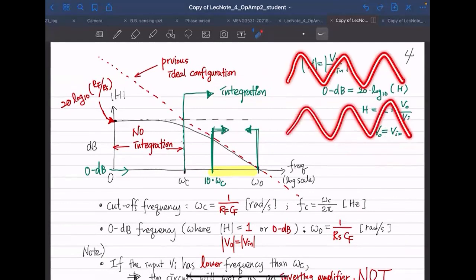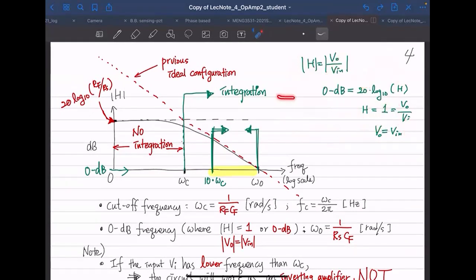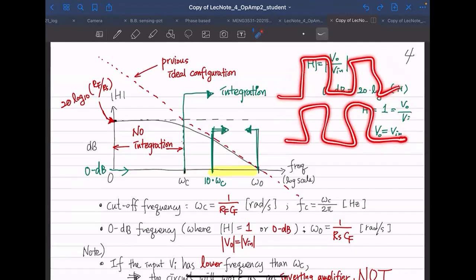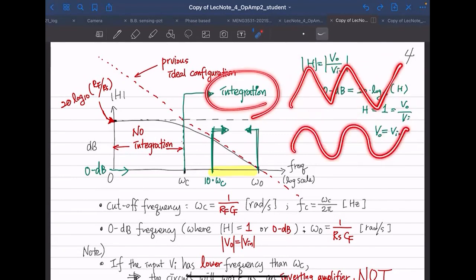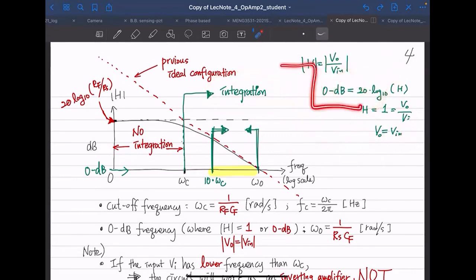It may be just amplified, or it may be flipped over, but triangular goes in, triangular comes out. If you had a square going in, square coming out, that's the amplifiers. But for these integrators, if you had a triangular going in, you want something else to come out. If you had a square going in, you want something else to come out. Okay, that's what we want to have.